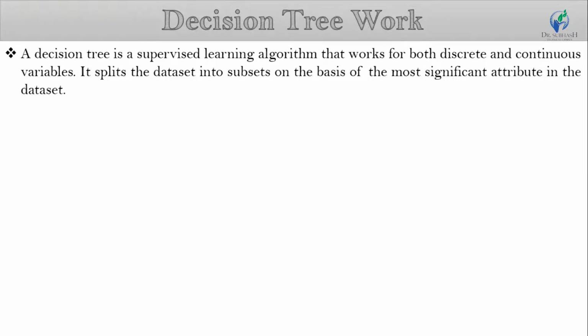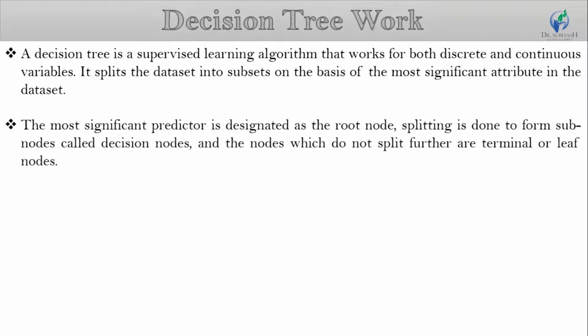For that, the most significant predictor is designated as the root node. Splitting is done to form sub-nodes called decision nodes, and the nodes which do not split further are terminal or leaf nodes.